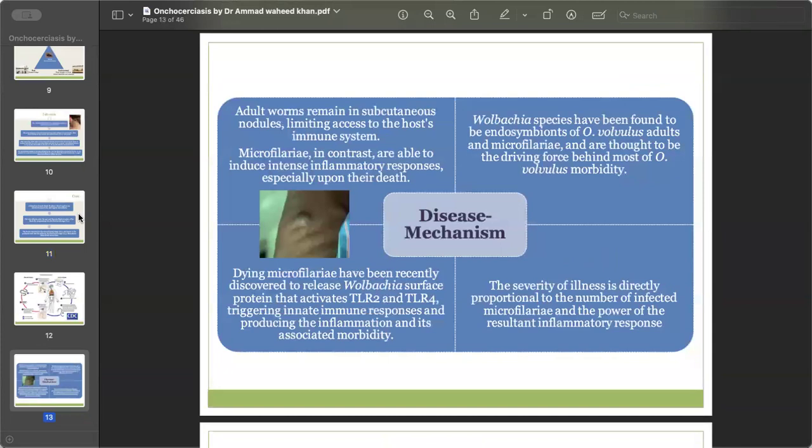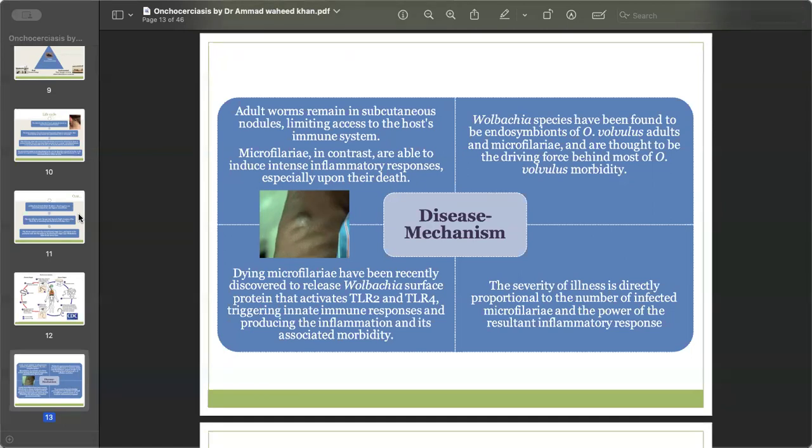Adult worms remain in subcutaneous nodules, limiting access to the host immune system. Microfilariae, in contrast, are able to induce an intense inflammatory response, especially upon death. Wolbachia species have been found to be endosymbionts of O. volvulus adults and microfilariae and are thought to be the driving force behind most of the O. volvulus morbidity.